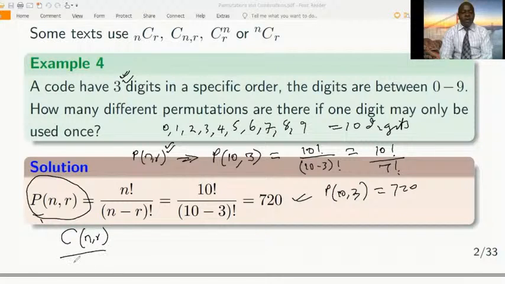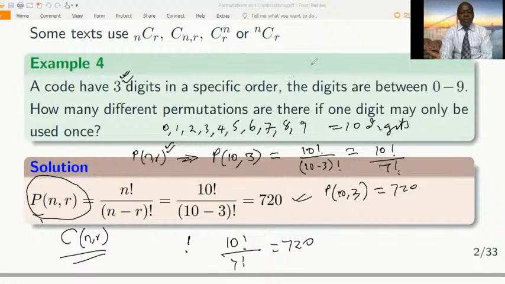But for those that have calculators without these symbols, you have 10 factorial divided by 7 factorial, and your calculator should have the factorial notation. So just press 10 factorial, then divided by 7 factorial, and find the answer 720.